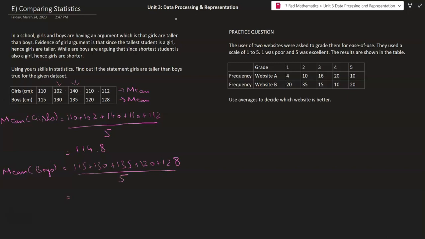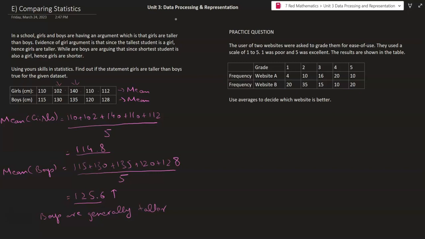So we divide it and once we calculate it we get an answer of 125.6. Now if we compare this mean with this mean, we can clearly see that the mean of the boys is greater than the girls. So we can say that boys are generally taller for this given data set.